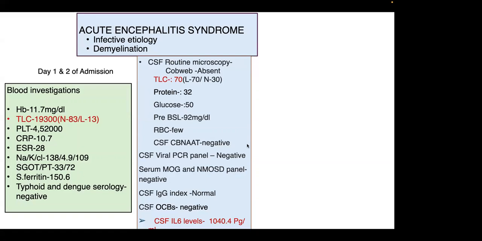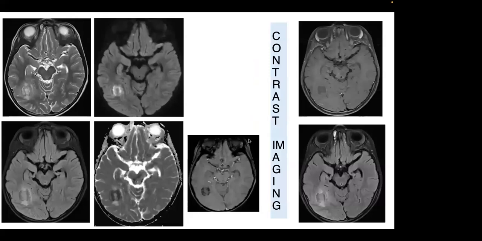CSF analysis showed elevated cells, 70, lymphocyte predominant, and protein was only 32. CBNAAT on CSF and the viral panel were negative. The demyelination profile was also negative.